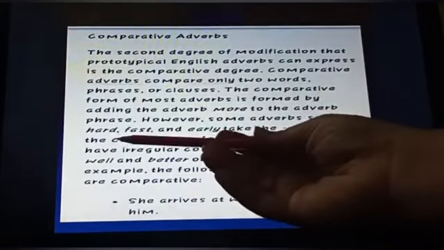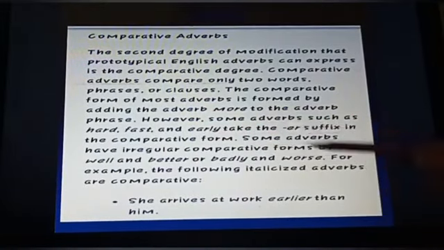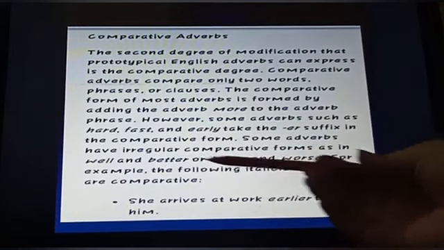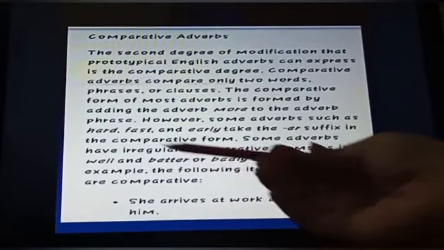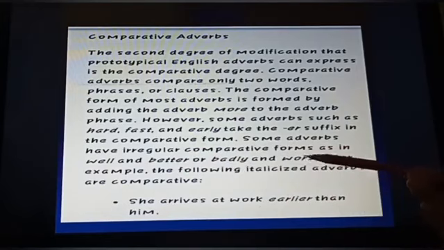Like hard will be harder, fast, faster, early, earlier. And some adverbs have irregular comparative forms, as in well, better, badly and worse. So well is the positive degree, its comparative will be better; badly is positive, its comparative will be worse.